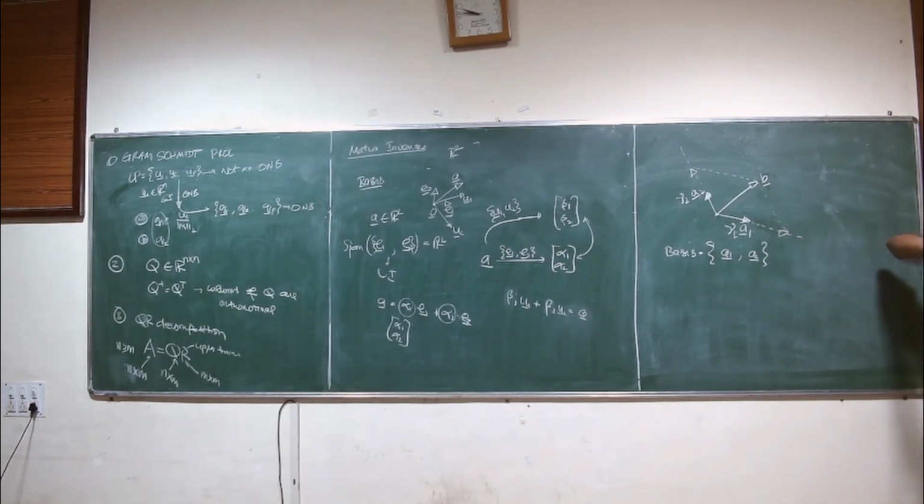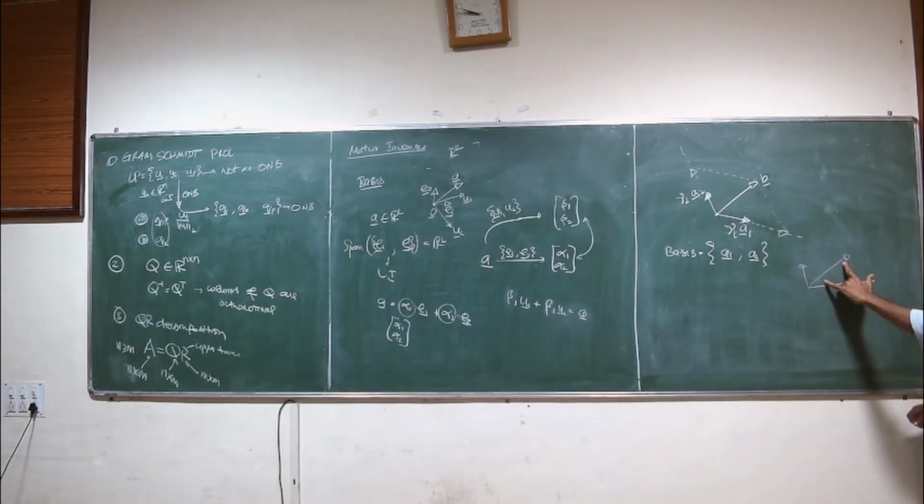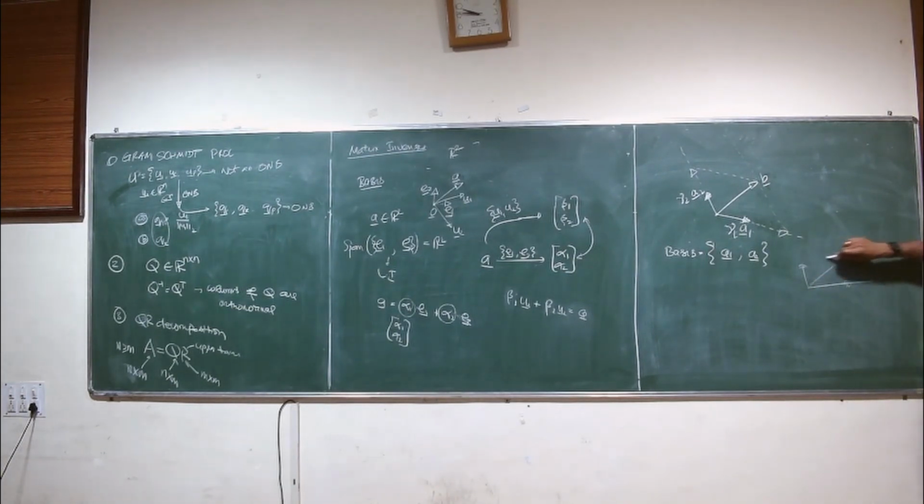It's just that in the previous module, we looked at components, and to find the component along a vector, we always dropped the perpendicular, right? And then we said this vector is the component of this vector along this. It's true only if you're dealing with vectors that are orthogonal to each other. When you represent any vector B in terms of an orthonormal basis, you always drop perpendiculars.